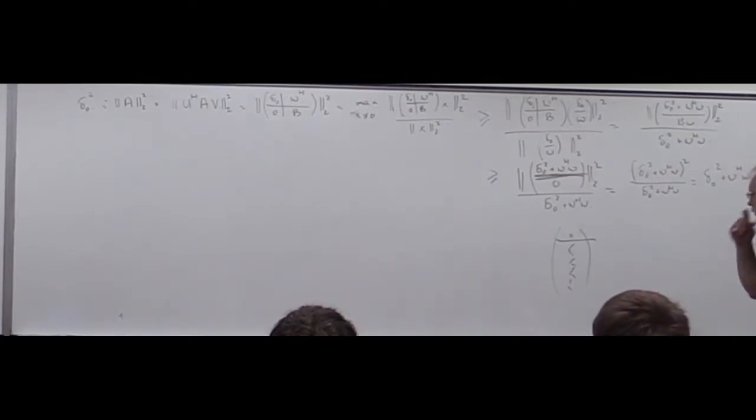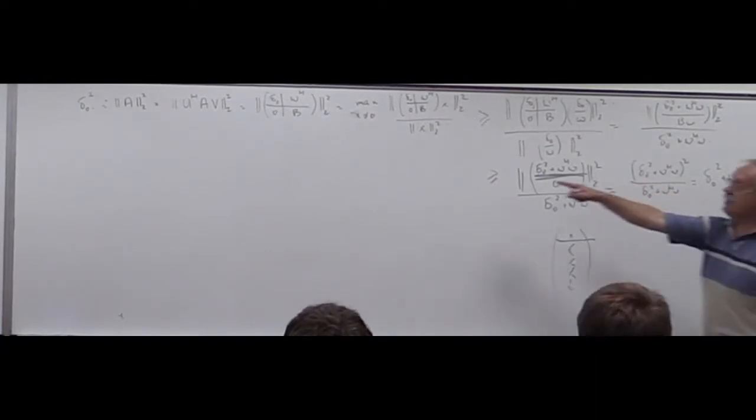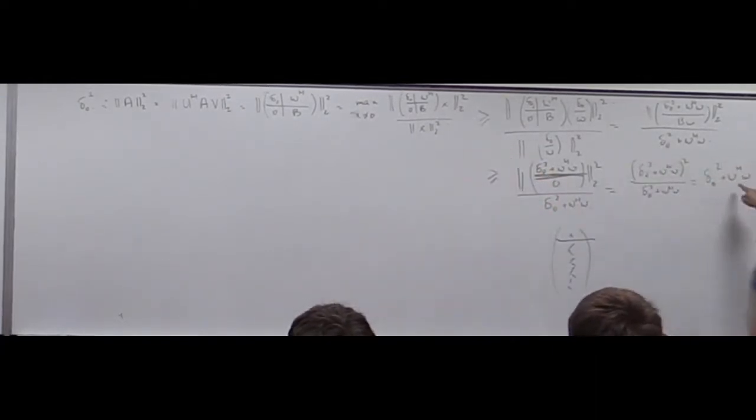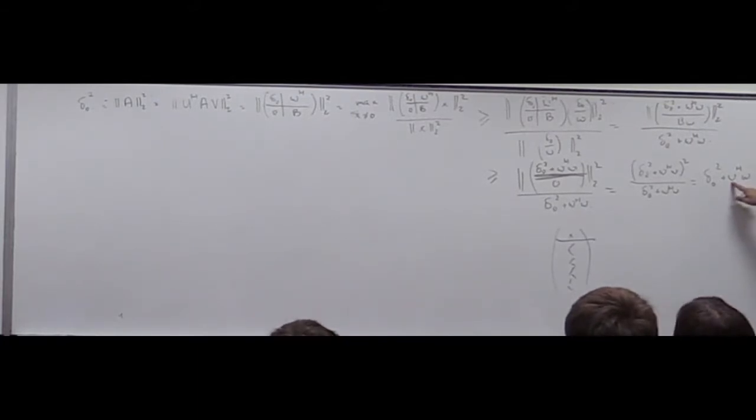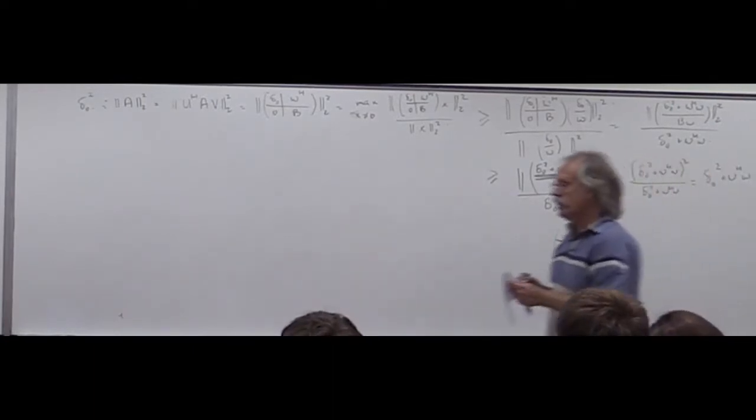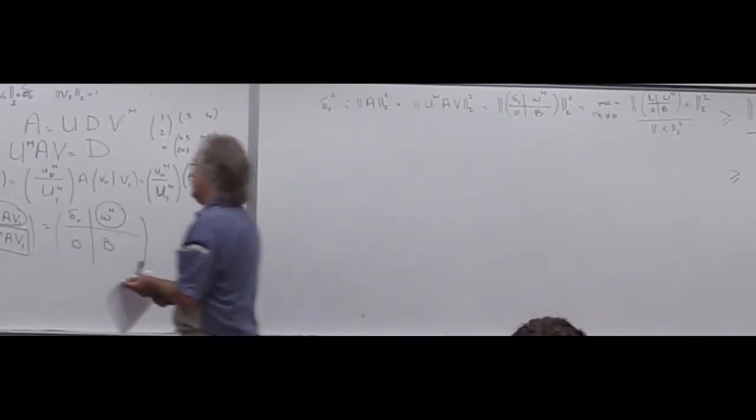You with me? What we've just discovered is that delta 0 squared is greater than or equal to this, and from that we can conclude that W must be the 0 vector. All right? So what we now know is that in fact there's a 0 sitting here.